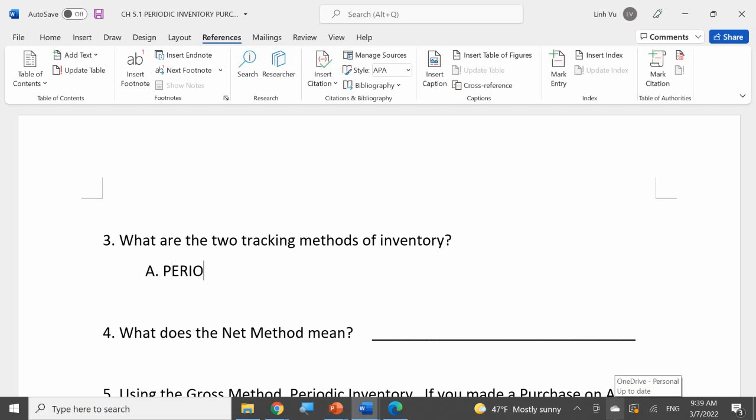Periodic, and the other starts with the same first 3 letters.